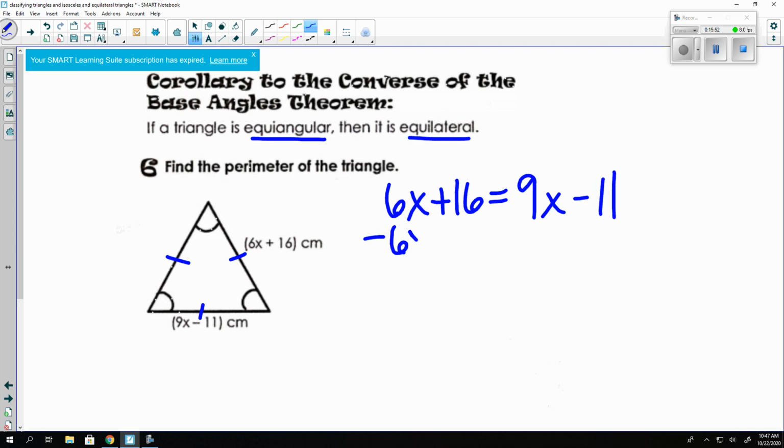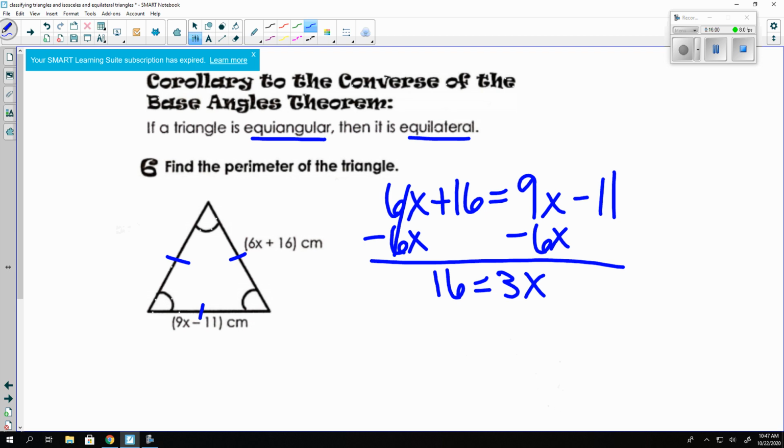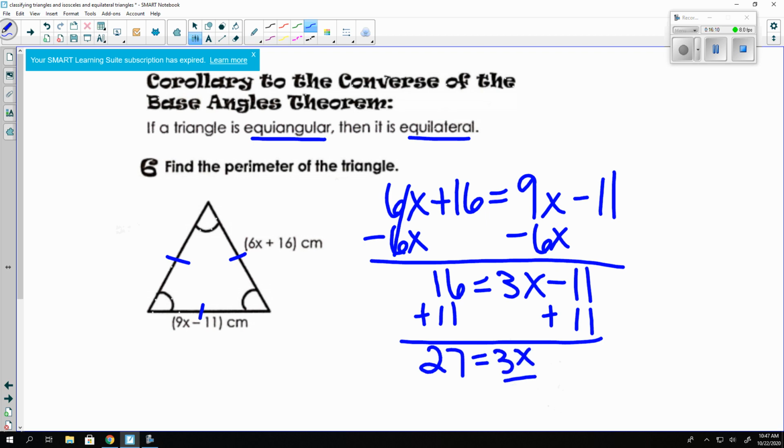Take my small x over to my big x. So 16 is equal to 3x minus 11. Add 11. So I'll get 27 is equal to 3x. Divide by 3.